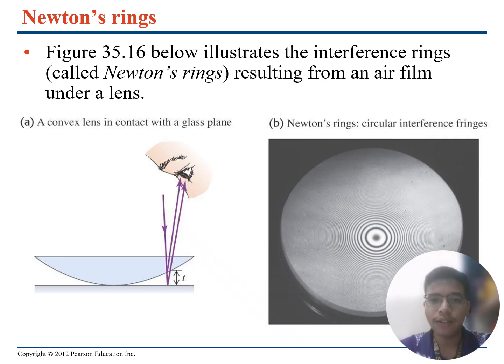These rings alternate between bright and dark because the film thickness changes continuously with distance from the center. Newton's rings provide valuable information about lens curvature, wavelength, and surface quality.